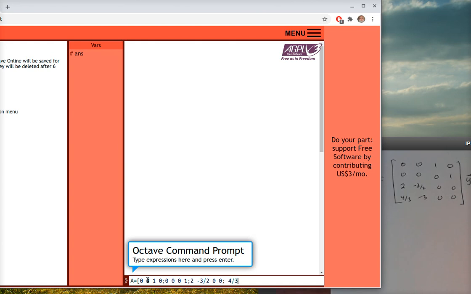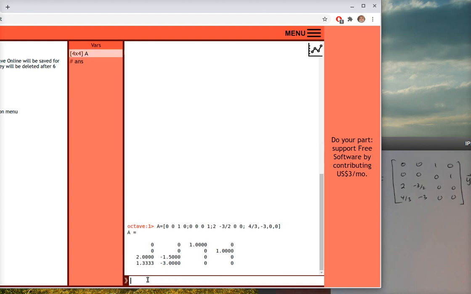And just to verify that, I'll go ahead and put commas in this one, minus 3, 0, 0. Okay, and then just hit enter, and it should tell us what our matrix is. There's our matrix.